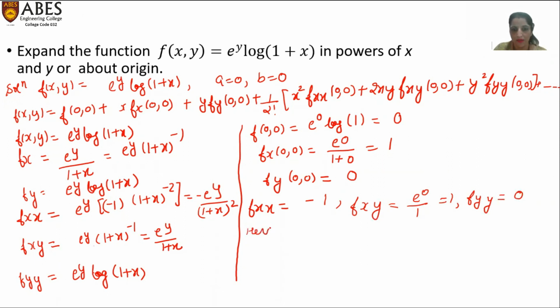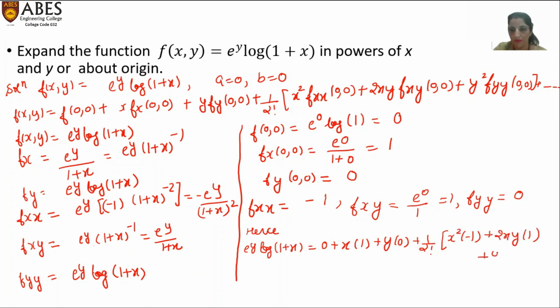Hence, replacing all these values in the above formula, we get e^y log of (1 plus x) is 0 plus x times 1 plus y times 0 plus 1 upon 2 factorial [x square times minus 1 plus 2xy times 1 plus y square times 0].